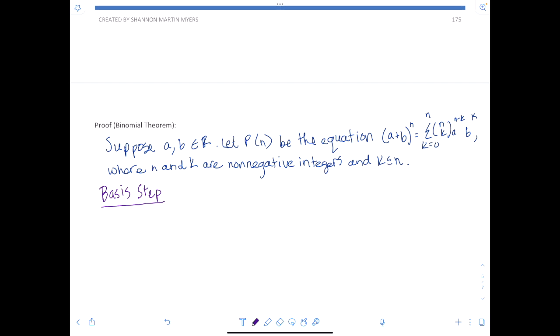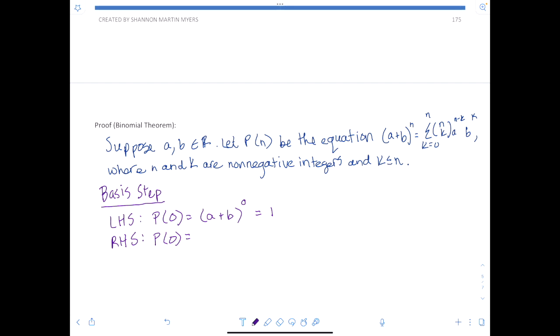So if we look at the left-hand side of that equation, P at 0 would equal a plus b to the 0, which is 1. The right-hand side for P at 0, now that kind of uglier side, right?